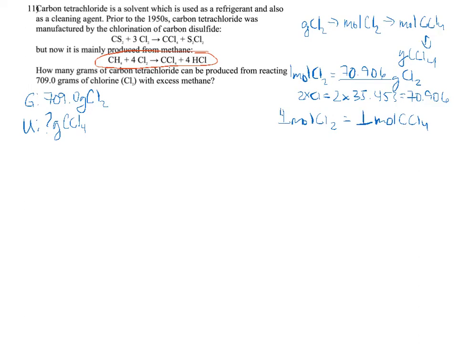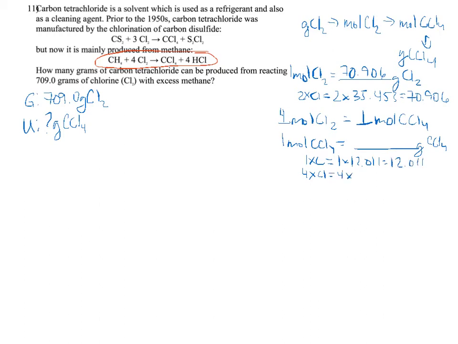And then the last step is to do our molar mass of carbon tetrachloride. So 1 mole of CCl4 equals blank grams of CCl4. That means we have 1 times carbon and 4 times chlorine, so that's 1 times 12.011, which is just 12.011.